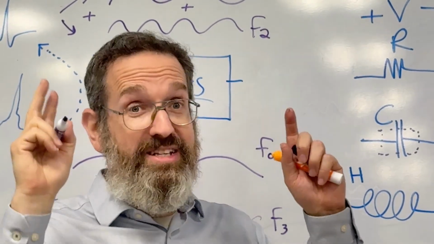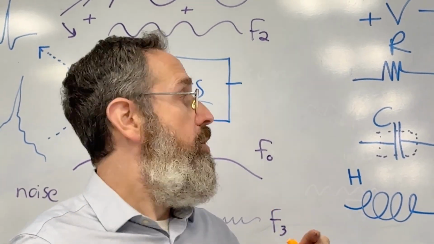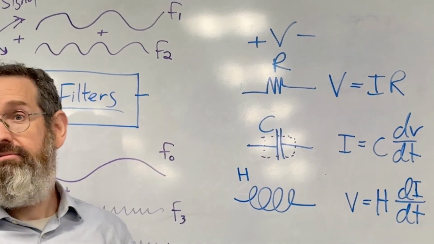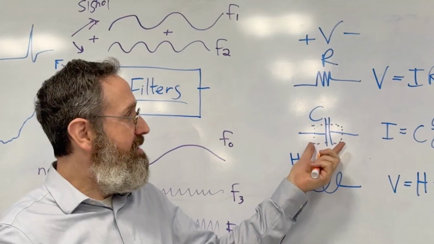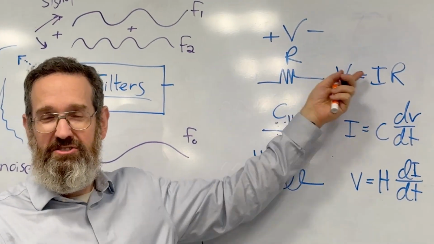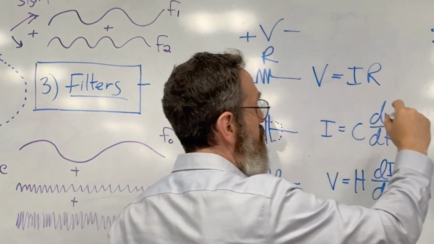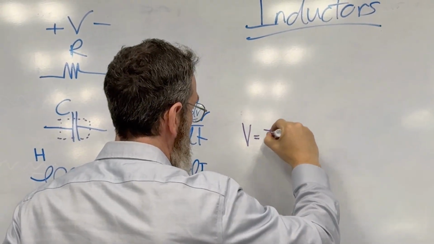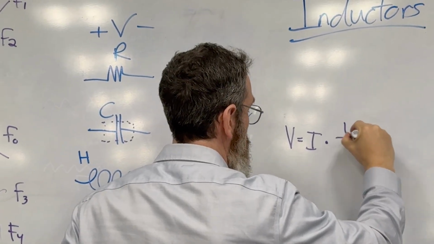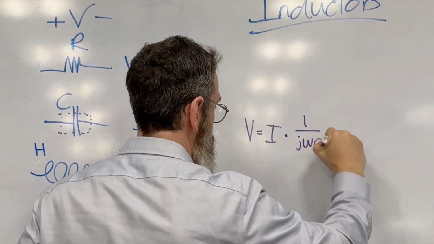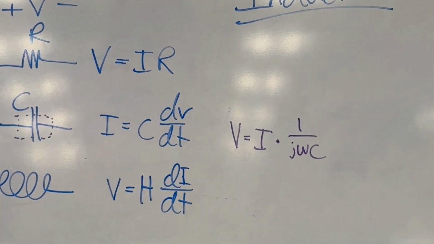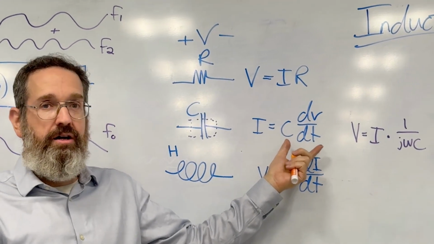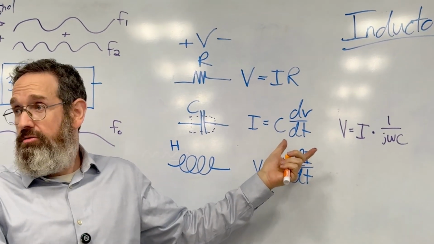And we're going to call the resistance 1 over JWC. Once you do that, you can treat it like a resistor again. So meaning in this other world that we lived in, V is equal to I times 1 over JWC. That's the trick we did. We wanted to make this into a resistor. We wanted to get rid of the differential.